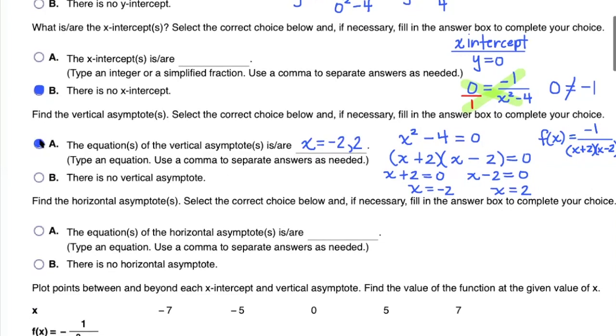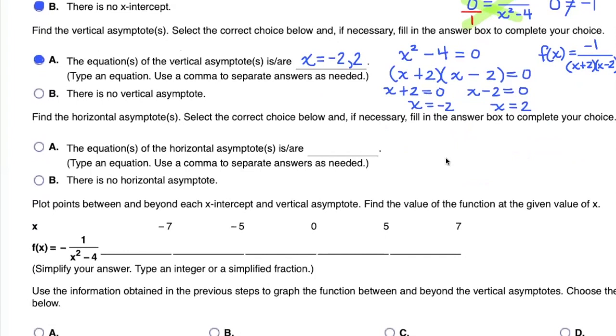My horizontal asymptote. Okay, this is where I need to know the degree of my numerator and the degree of my denominator. Degree of denominator is no big deal. I can see the highest power of x is 2. Degree of the numerator, however, is kind of a challenge because I don't have any x's.